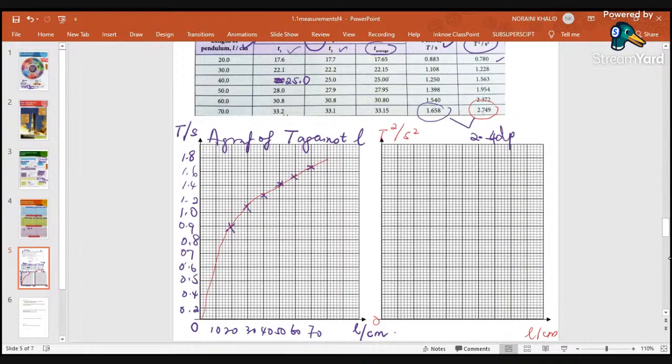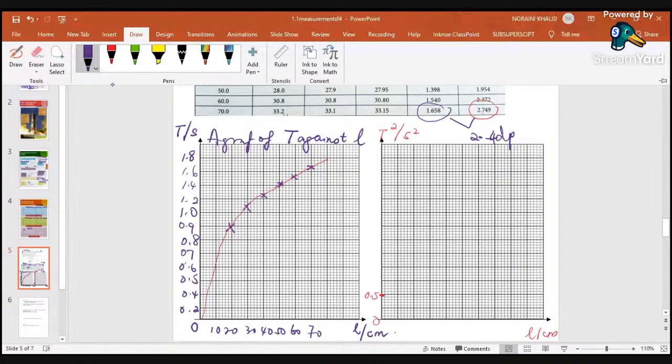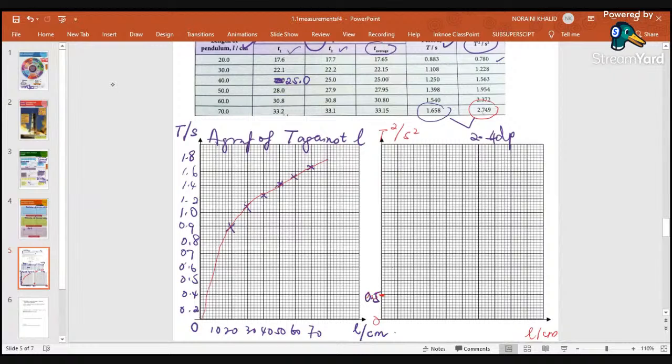So I will choose 0.5 for 10 divisions: 0.5, 1.0, 1.5, 2.0, 2.5, 3.0. Then same thing here, 10, 20, 30, 40, 50, 70.